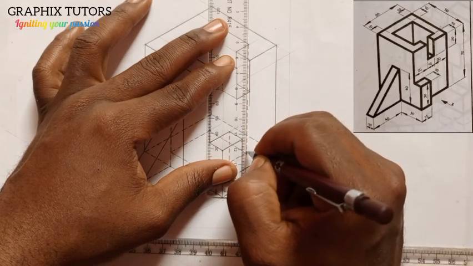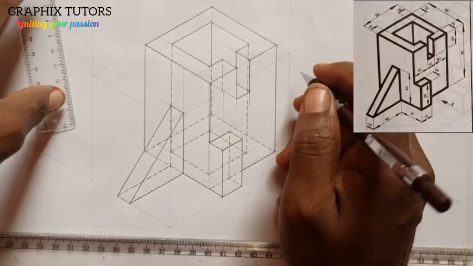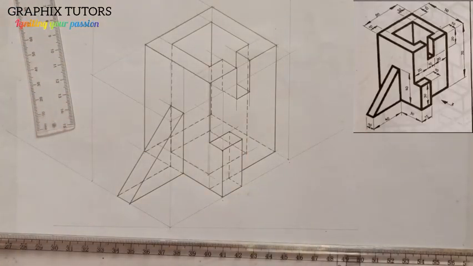This is what we have to show the hidden features if we are asked to. These are the parts of the line that we are not going to see.